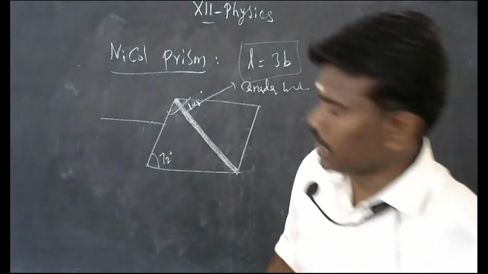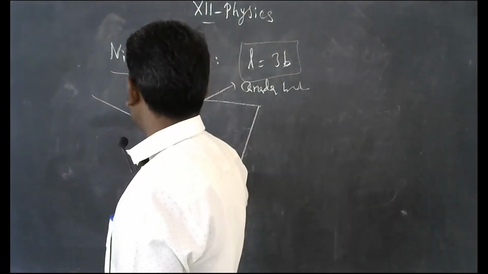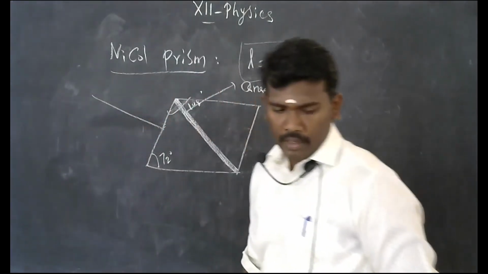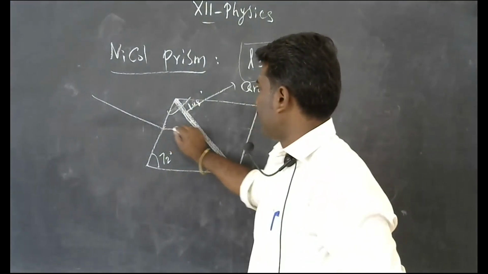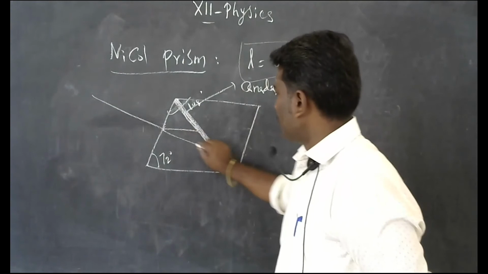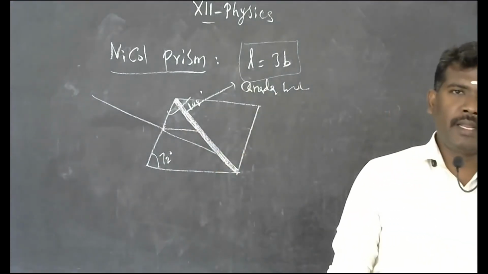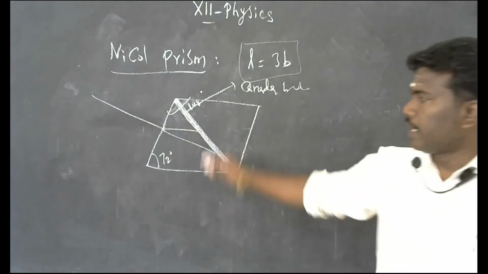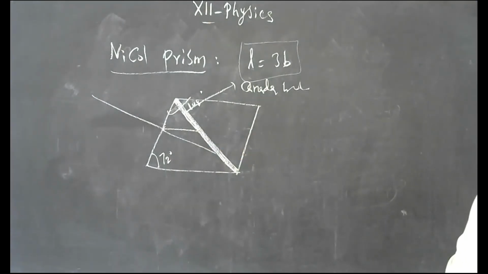The light ray is an unpolarized light ray, incident on one surface of the calcite crystal. Now it is divided into 2 light rays, one ordinary light ray and another extraordinary light ray. So here we are applying the double refraction method.